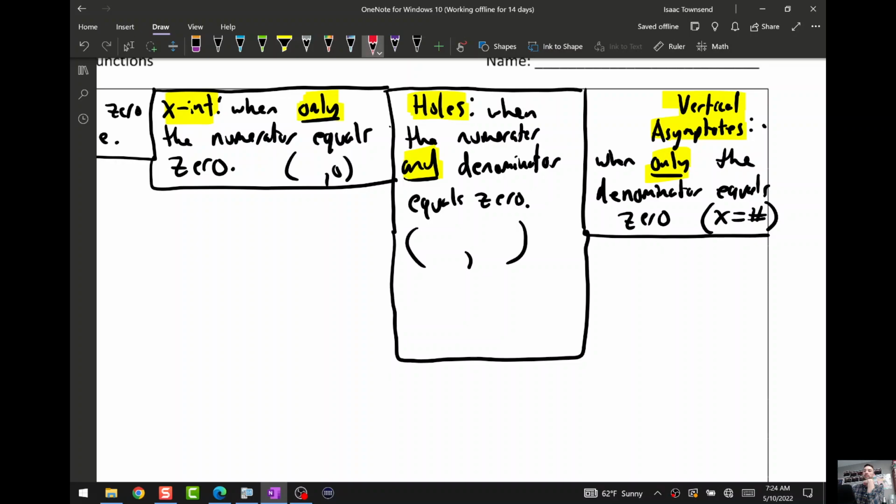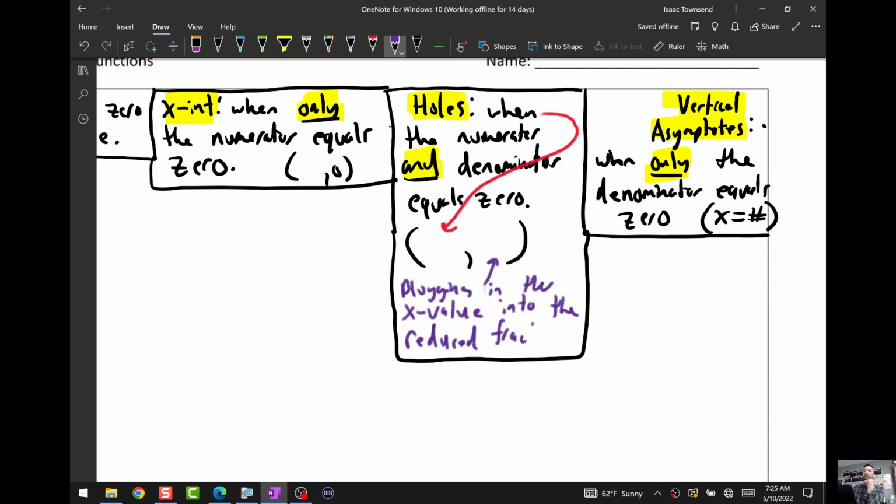But this number, so when this is happening, that's the x value of the hole. So like if 3 makes the numerator and denominator 0, 3 is the x value of the hole. But the y value of the hole comes from plugging in the x value into the reduced fraction, or reduced function. Say that.